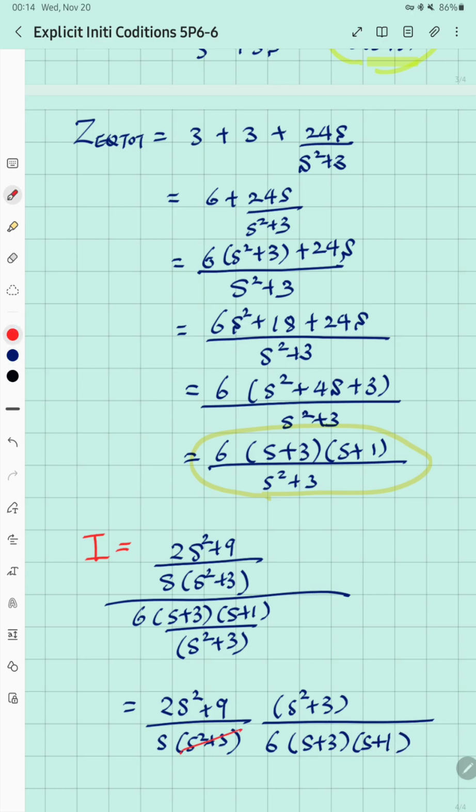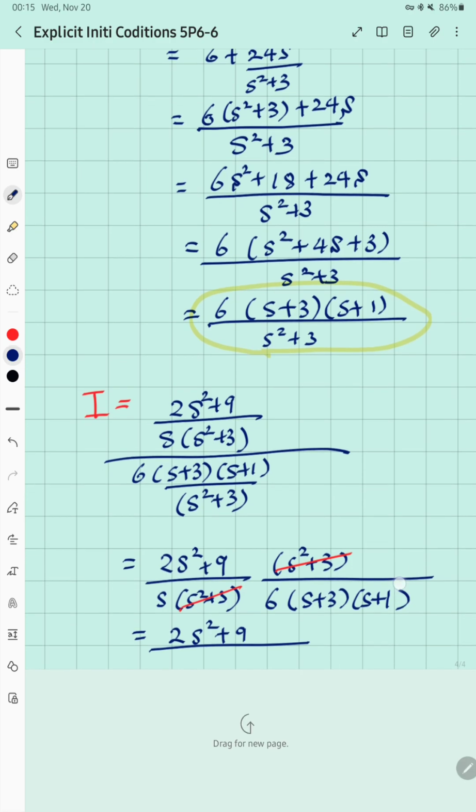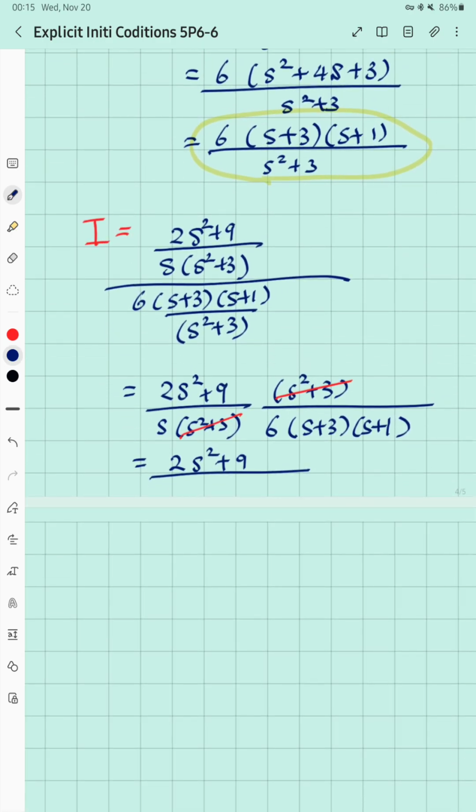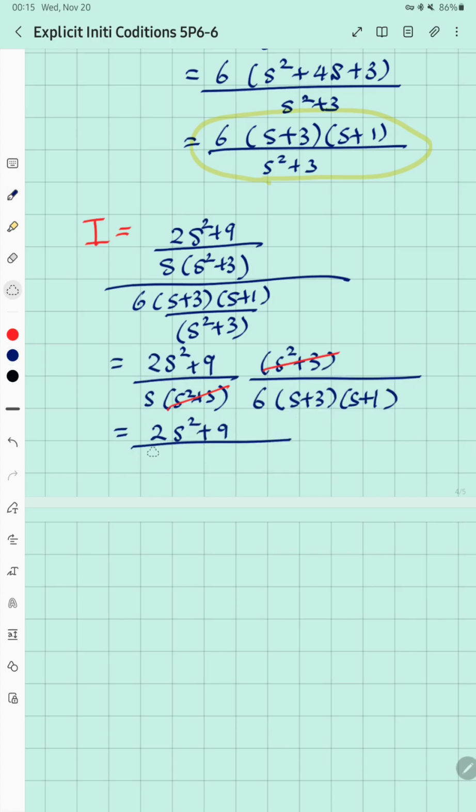So let's look at this. The s squared plus 3 terms cancel. Here, I will end up being 2s squared plus 9 over 6s times s plus 1 times s plus 3. Then what is V out, or V that we are looking for?